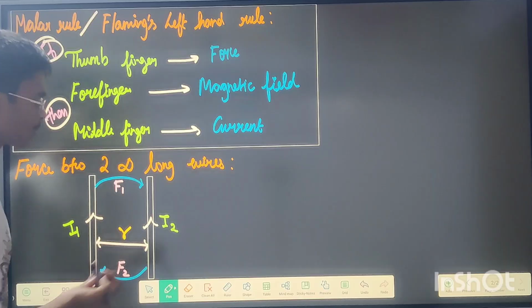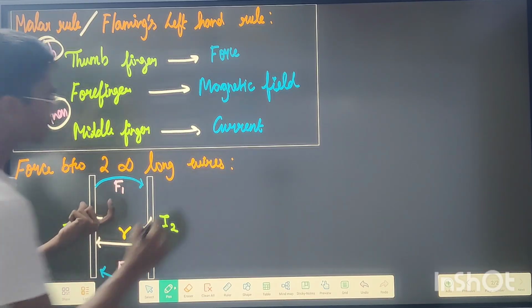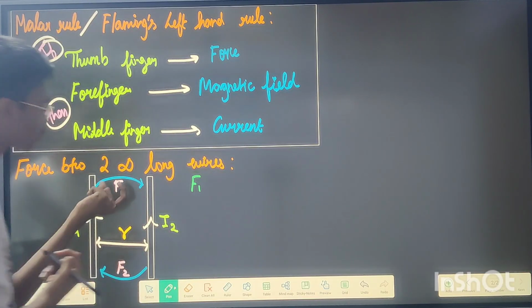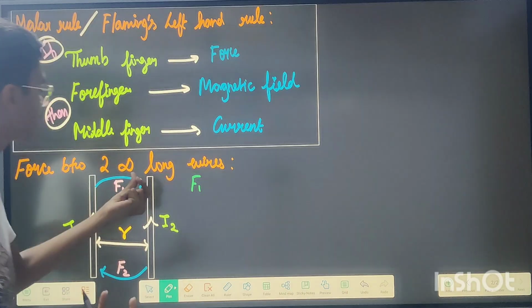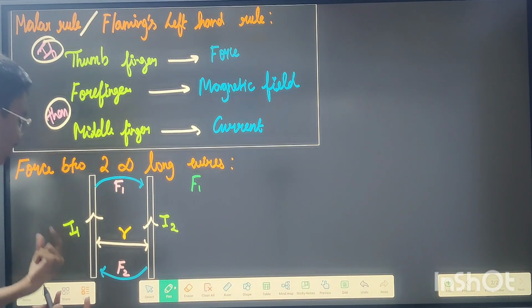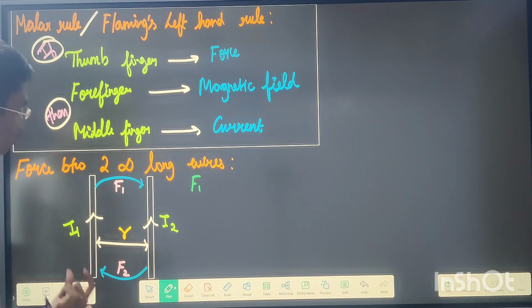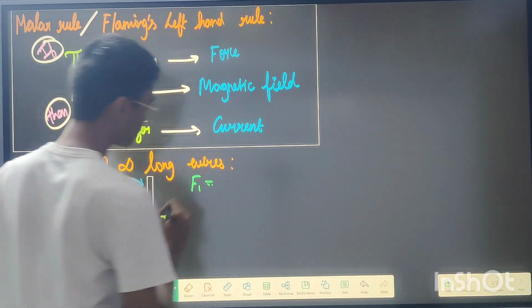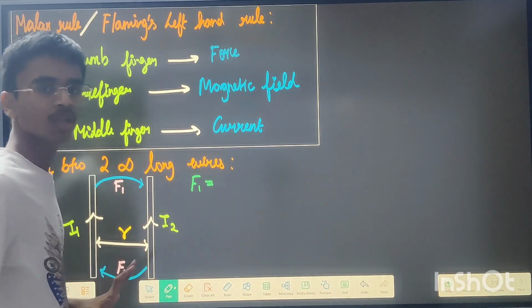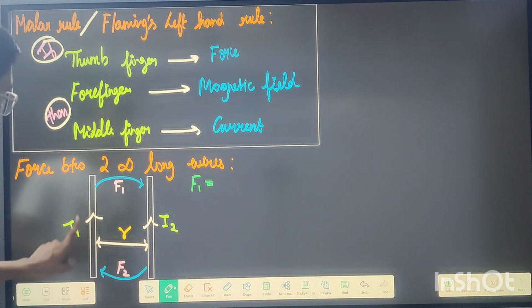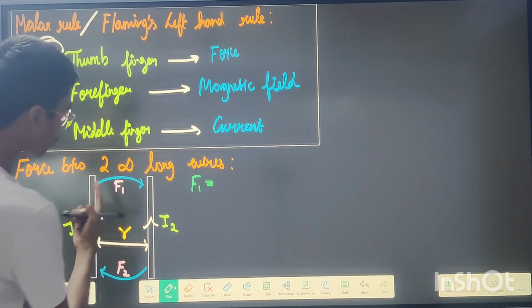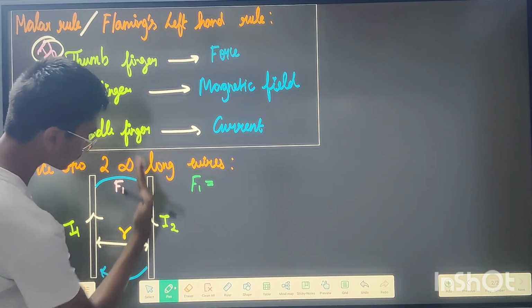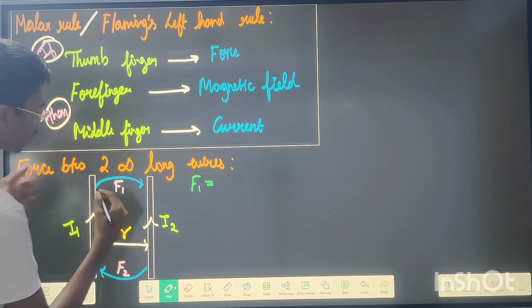So force 1. What is this force 1? Actually, this force is produced by the magnetic field, which is produced by the current I1 in this wire. So F1 is equal to B I L sin theta. So what is B?